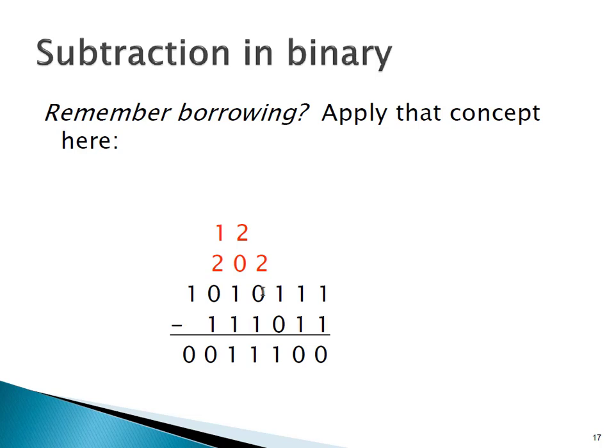Now you remember from base 10 subtraction that if you are going to subtract when you don't have enough, what do you need to do? You need to borrow. You've got to go and borrow from the friend next door. So you borrow a unit. 1 unit here is 2 units here because of the nature of the positions.